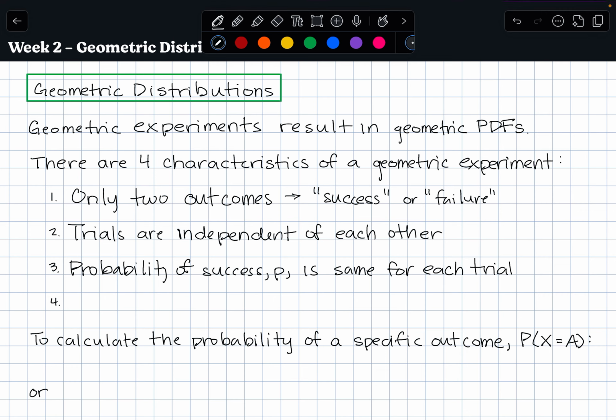Right now, in your head, you're probably thinking this sounds exactly like a binomial distribution. And it's the last requirement that changes this. For binomial, we wanted a fixed number of trials. With a geometric distribution, the experiment continues until we obtain a success.